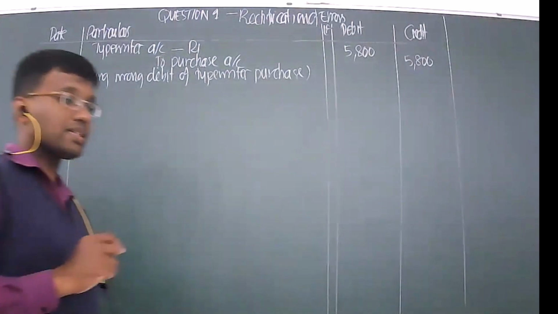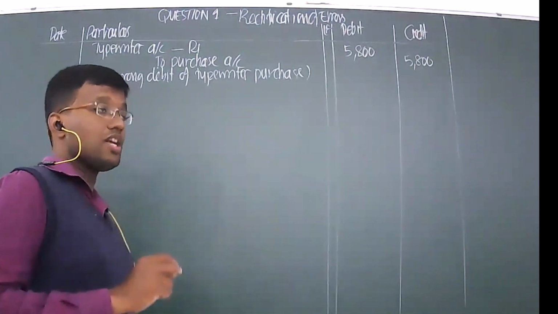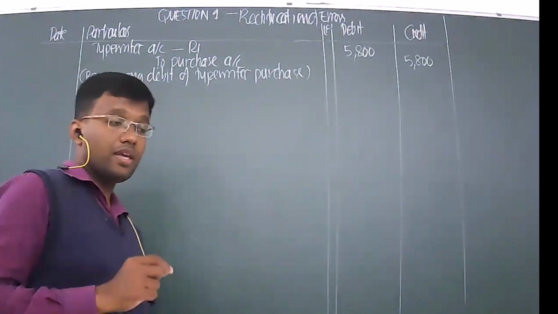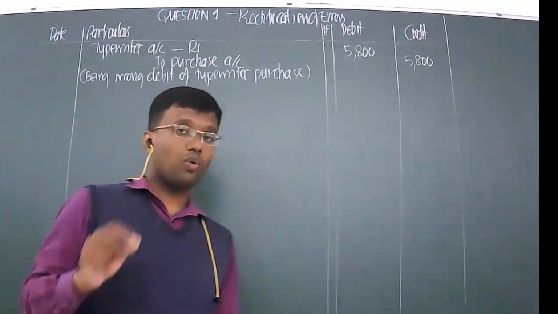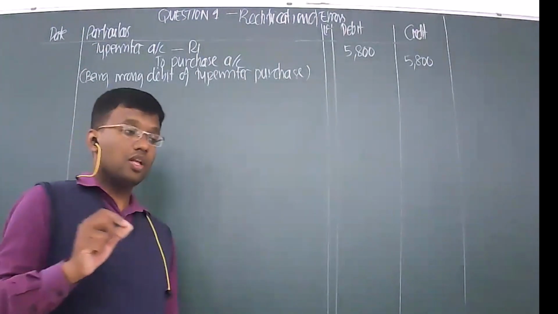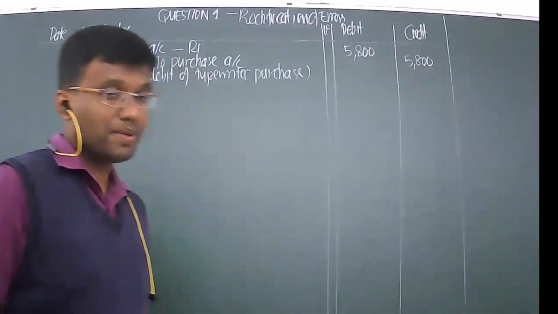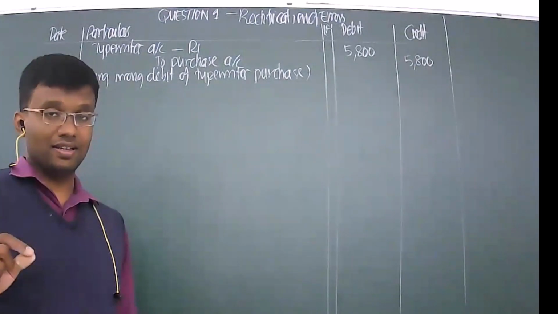An amount of rupees 10,000 received on sale of machinery has been credited. When you sold machinery, it should have been credited to machinery account. But now what have you done? You have credited that to sales account. So what is the condition with respect to sales account? Sales account is over credited.